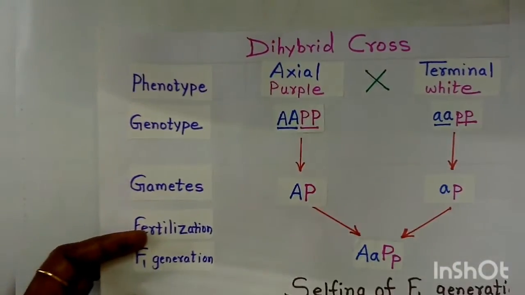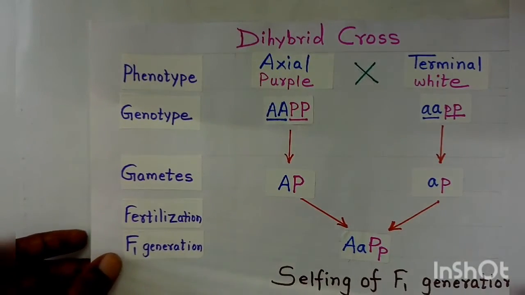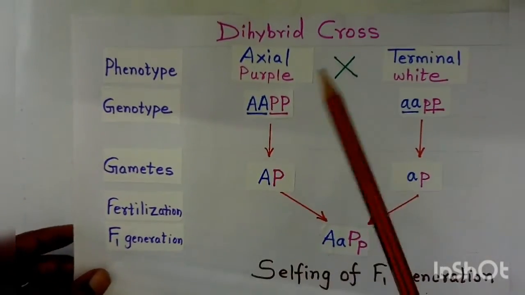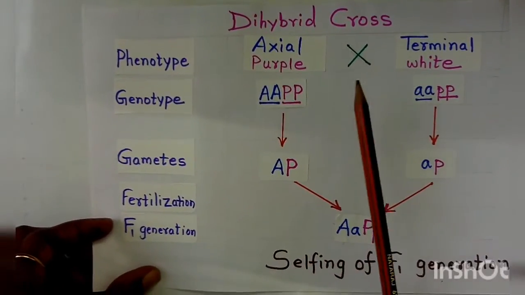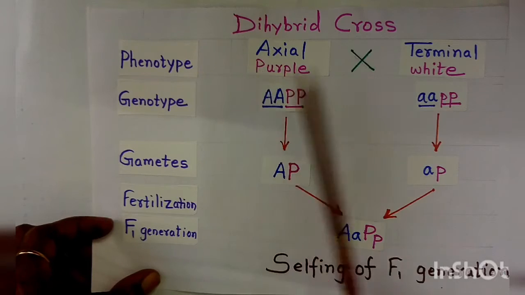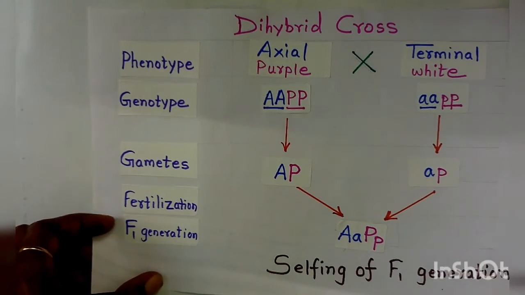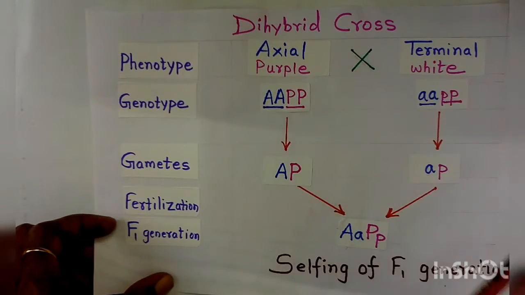Does one pair of alleles affect or influence the inheritance pattern of the other pair of alleles? To find out the answer, Mendel performed the dihybrid cross. Now this is a dihybrid cross. The basic difference between monohybrid and dihybrid cross is that for a dihybrid cross, two characters are considered, whereas in a monohybrid cross only one character is considered.